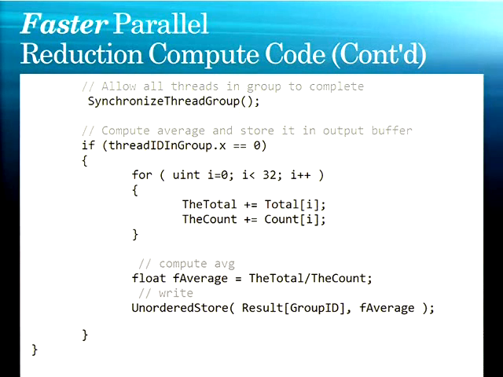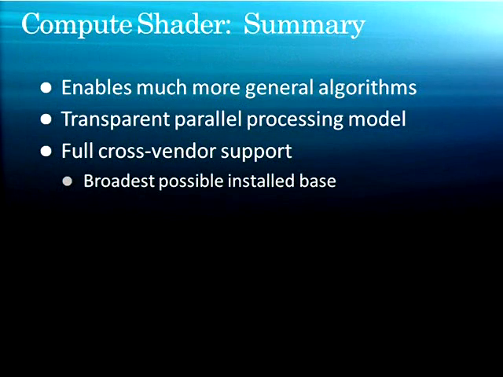Of course, the tighter the lock, the more of a performance trade-off that is. There's nothing new. So you can read about all those things. The idea, getting back to the summary, is this enables much more general algorithms to be moved to the GPU to take advantage of the increases in GPU performance. It's this transparent parallel processing model.